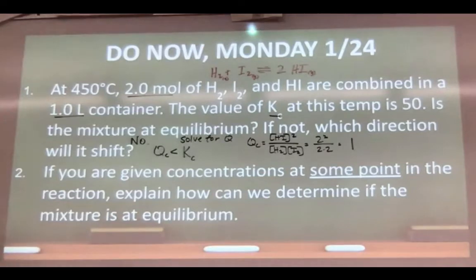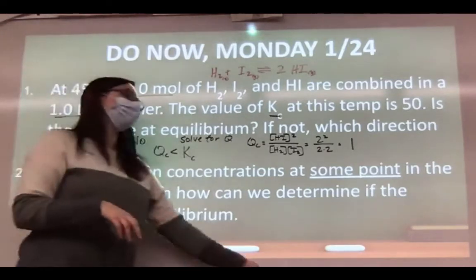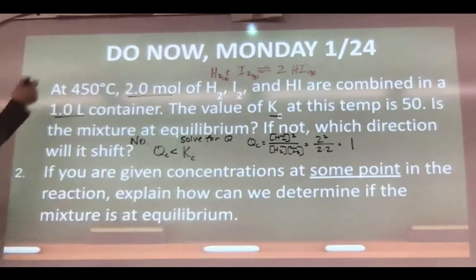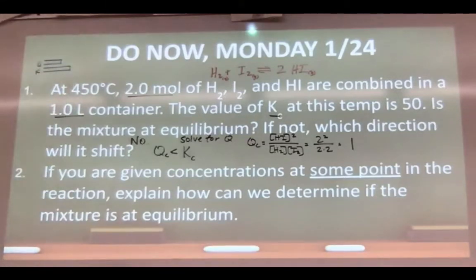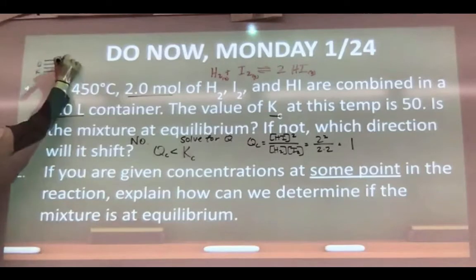So if we think about the pictures, so here's Q, here's K. Q is less than K. To get to equilibrium, K is a constant, so K doesn't change. Q is what changes.